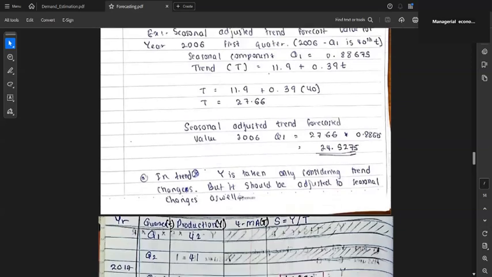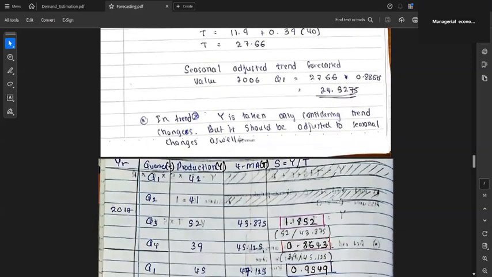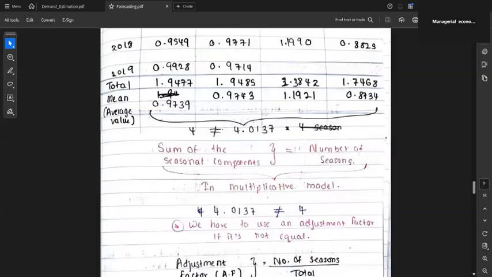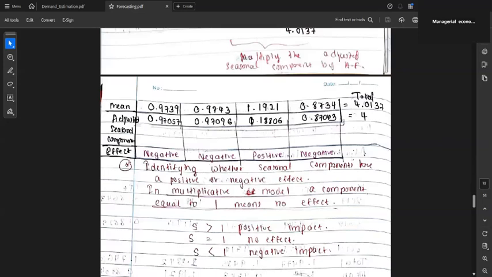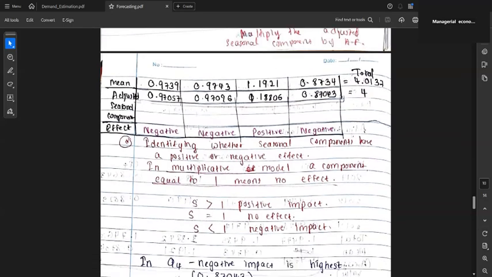That is 24.5275. Likewise, you can adjust it. If you are forecasting using just the regression model, remember that it gives only the trend value and has not been adjusted for seasonal variations.